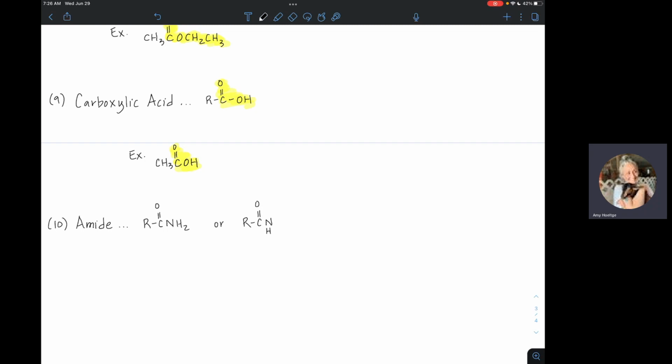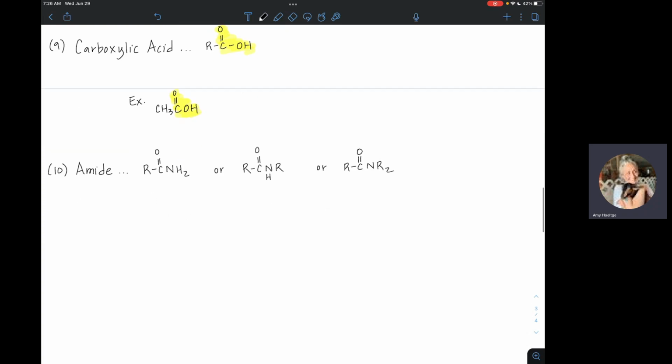So it can be, usually we put the hydrogen down here, or you have your carbonyl and you have your nitrogen, and you can have two R groups. So those are all examples of amides.